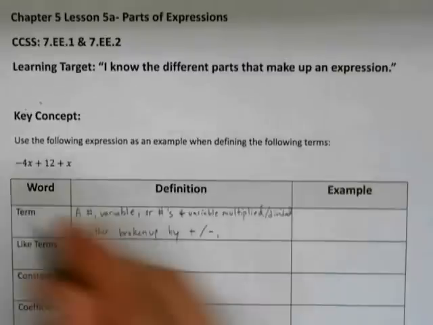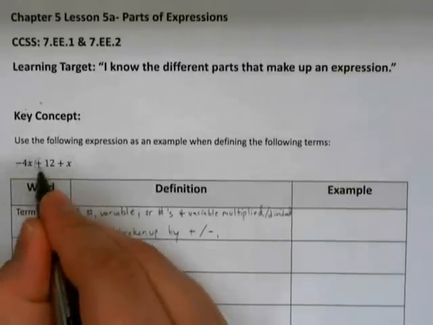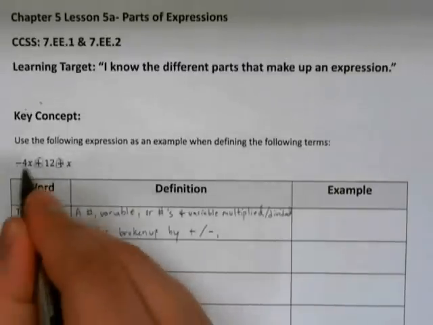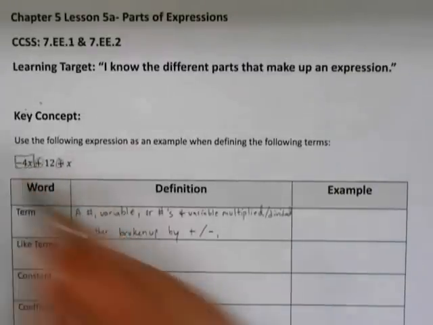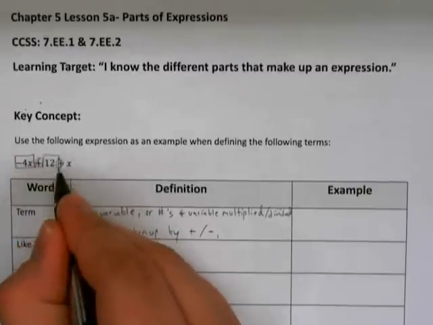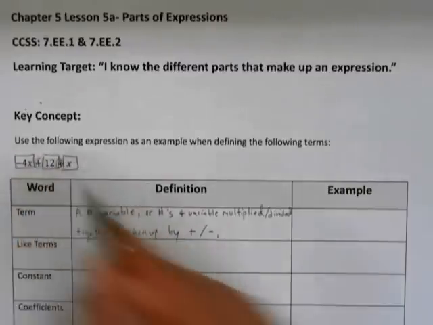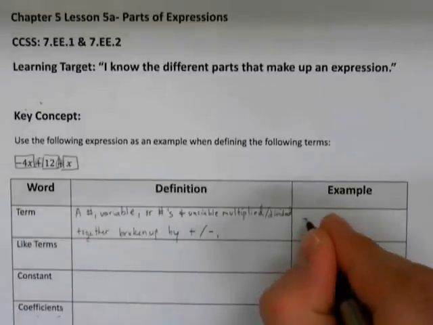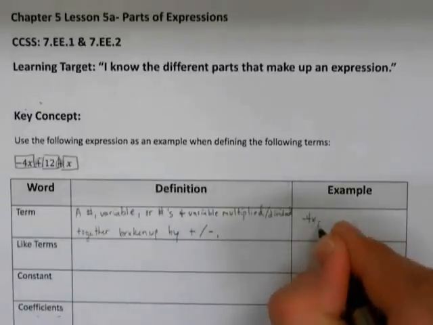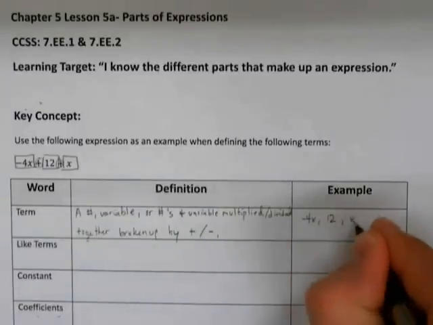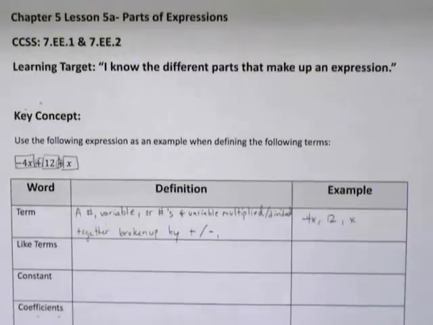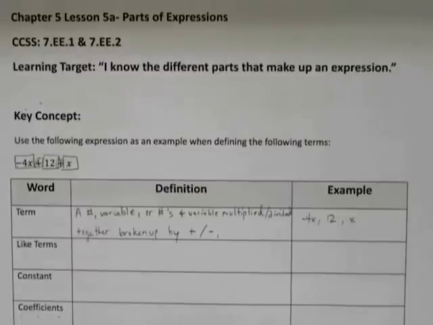What that looks like here is we have these two plus signs. So negative 4x, that is a term. 12, that's a term. And x, that is a term. Those are the three terms that make up this expression here.